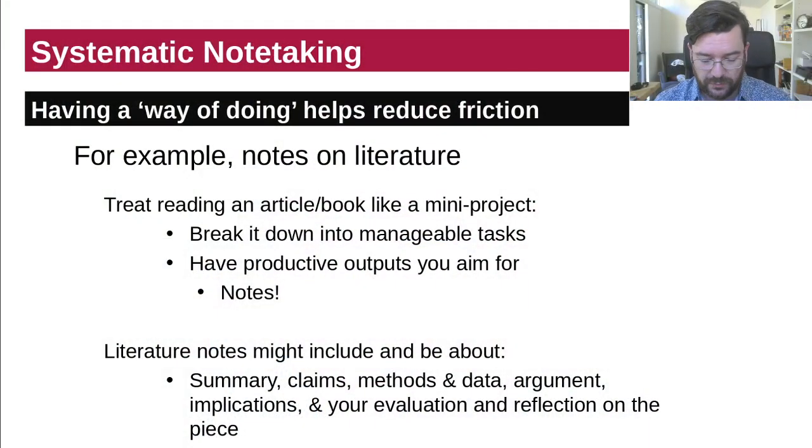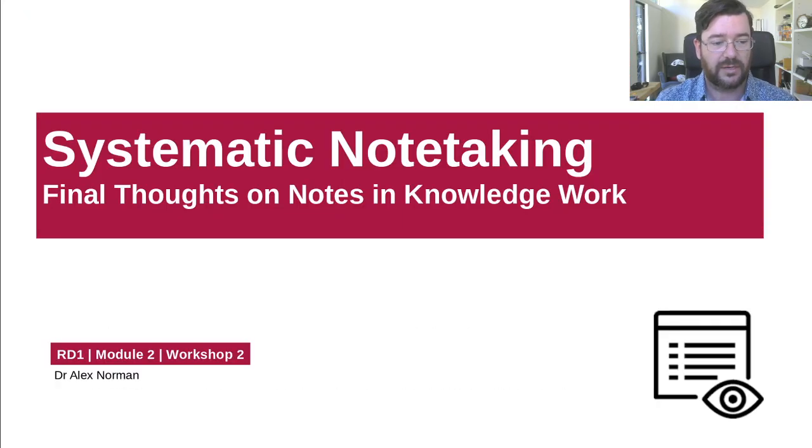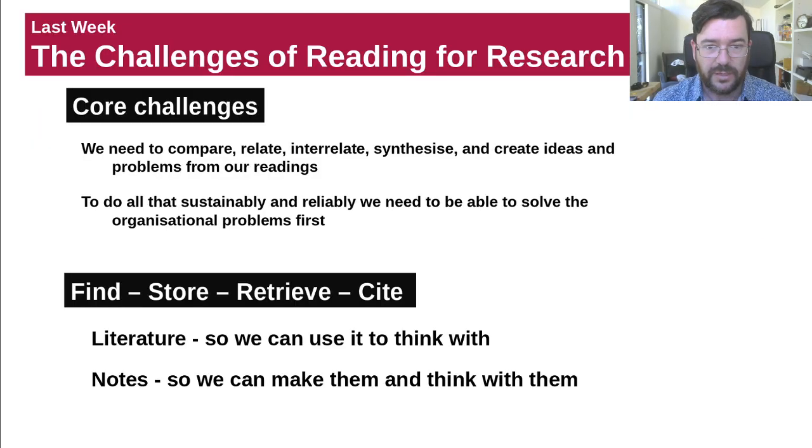So what I want us to start thinking about when we are looking at note-taking and systematic notes, I should actually get back here to the start of my presentation. When we're starting to think about making notes systematically about literature, one of the things we need to start with is remembering that we have this main challenge as researchers.